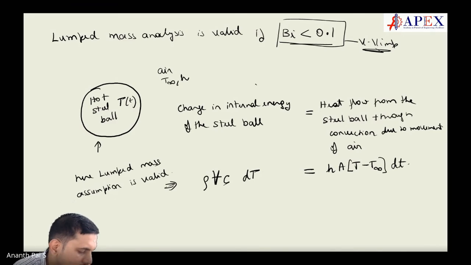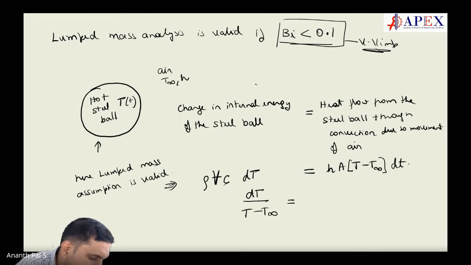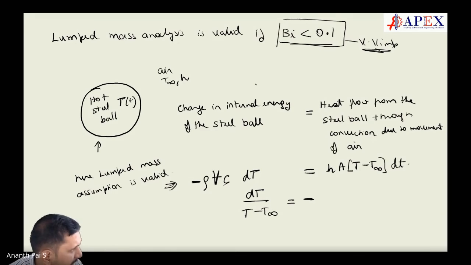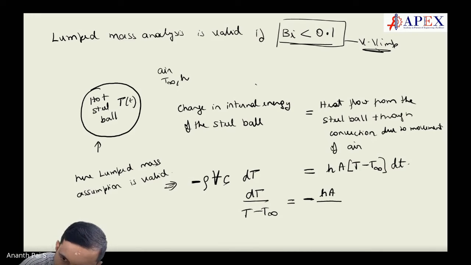Okay. So now doing this, I can write dT divided by (T minus T infinity) is equal to minus, here it is minus because it is reducing, is it not? We are taking the heat is removed, so dT is minus, that's what we consider, equal to hA divided by rho C V into dt.